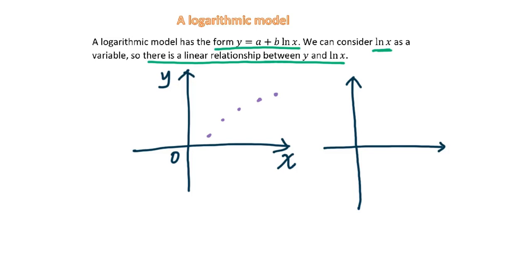But if you draw the graph for x, it's not x anymore, it's the natural log of x. This is the y. Then you will have a linear relationship model like this. In other words, the relationship between y and the natural log of x will be a linear model.